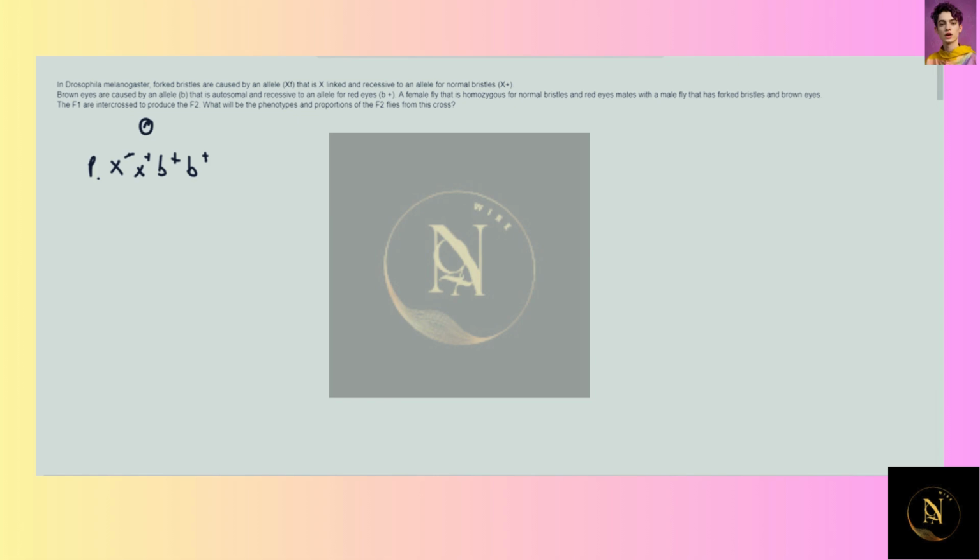So this is the female. We're crossing with a male fly with forked bristles and brown eyes. That genotype will be X^F Y, bb. So here's our P generation.